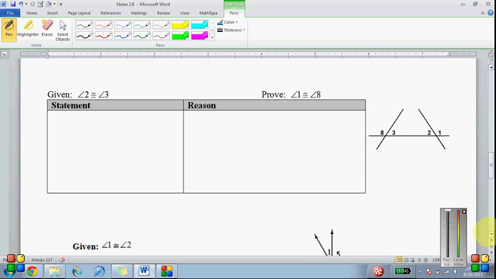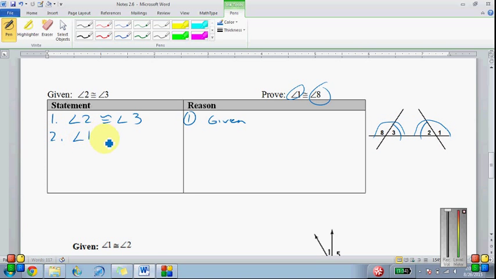Another proof, so I'm given that angle 2 is congruent to angle 3, so I'm going to mark those congruent. So angle 2 is congruent to angle 3, given. I'm trying to prove angle 1 is congruent to angle 8. So the only other thing I can write down right away is that I noticed that 1 and 2 are a linear pair, and 3 and 8 are also a linear pair.